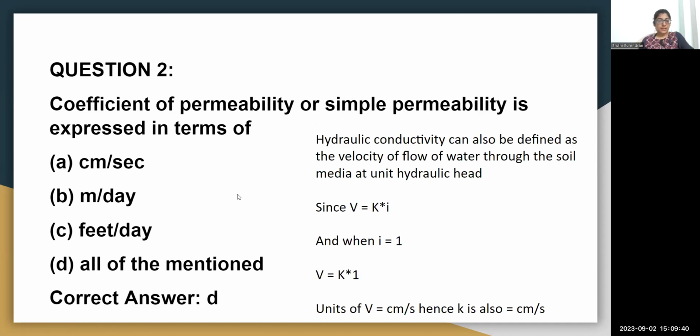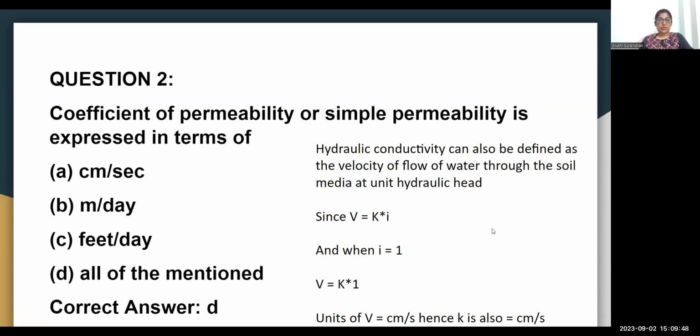So the correct answer is option D, all of the mentioned units. So we know that hydraulic conductivity, coefficient of permeability or permeability is also called hydraulic conductivity, and it is defined as the velocity of flow of water through the soil at unit hydraulic head.